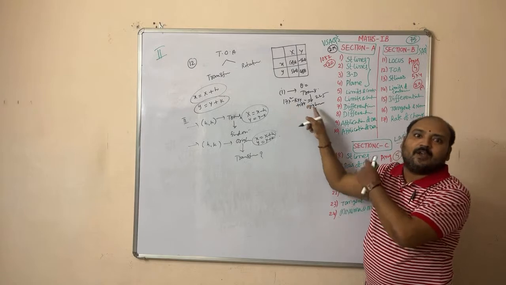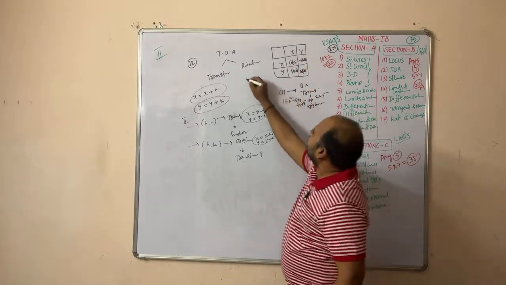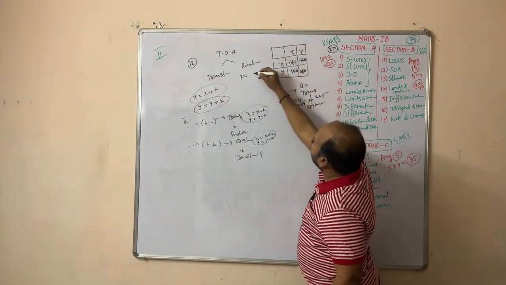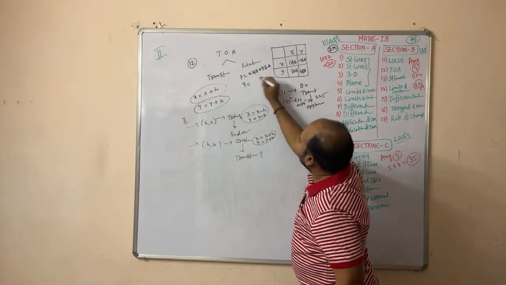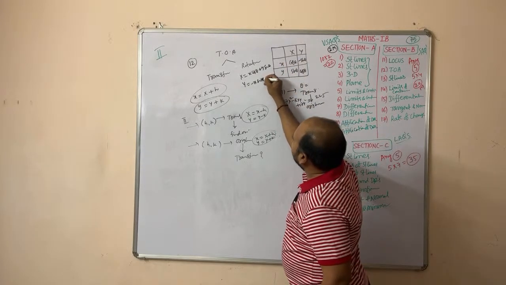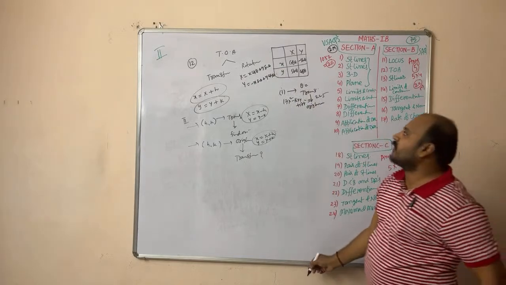They are asking to find the original, small x, small y. So capital X is equal to small x into cos theta plus small y into sin theta. Capital Y is equal to minus x sin theta plus y cos theta. Apply these values and get it.